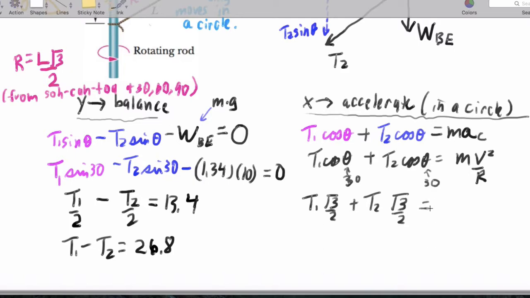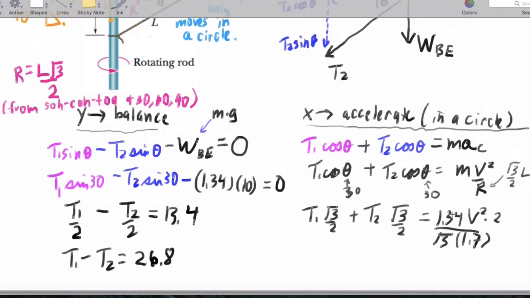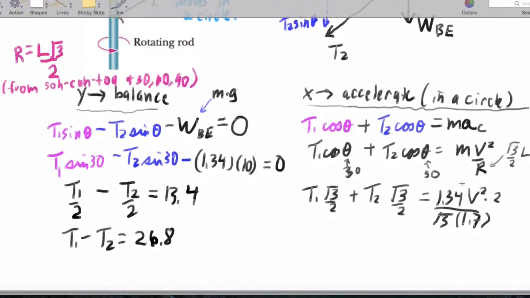That's going to equal 1.34 times v squared over, now I'm going to do a little work with fractions, radical 3 over 2, but the 2 goes on top, times this L, which is 1.7. So this R is radical 3 over 2 times L, and L is 1.7. That's how I'm reaching these conclusions.